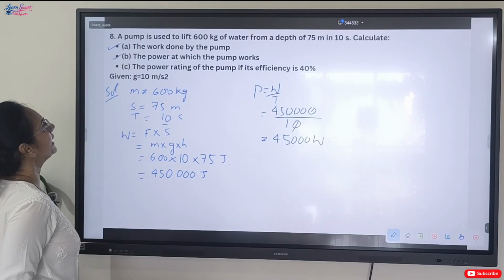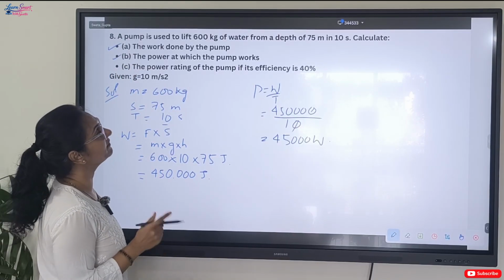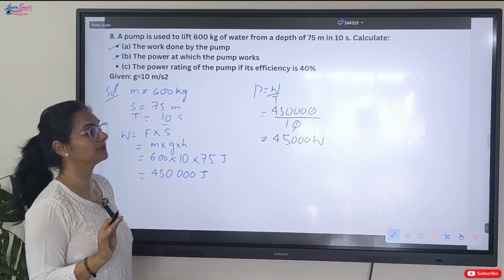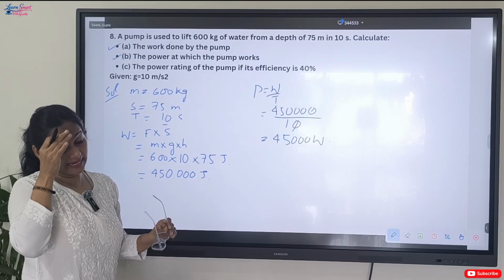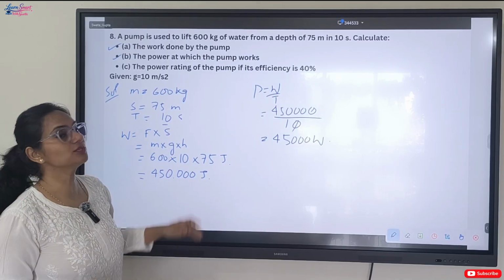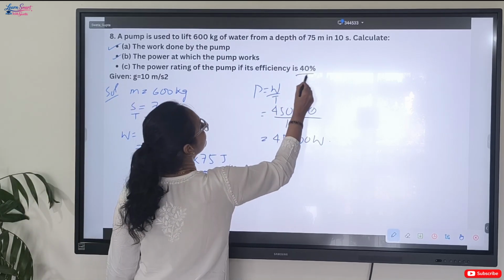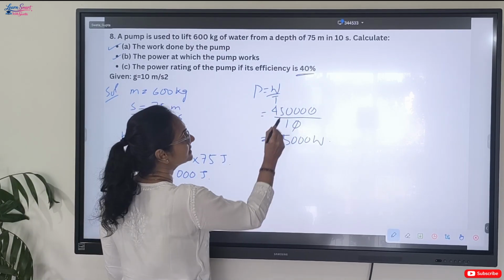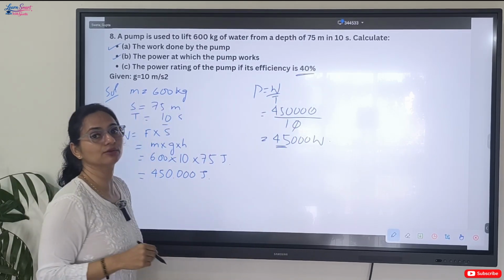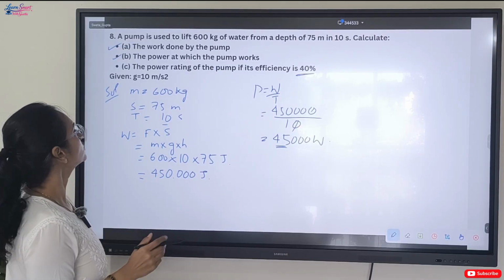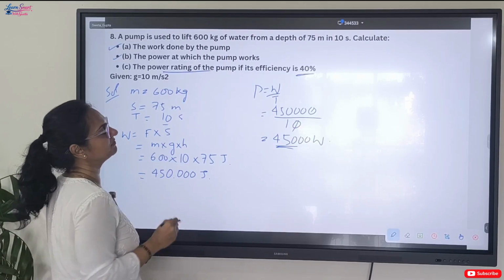So power we got. And now power rating of the pump, if its efficiency is 40%, which means that the pump is not 100% efficient. It is only 40% efficient. So this is 40%. We have to calculate 100% is how much. That is the power rating of the pump.